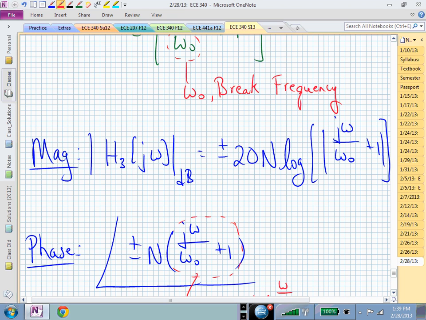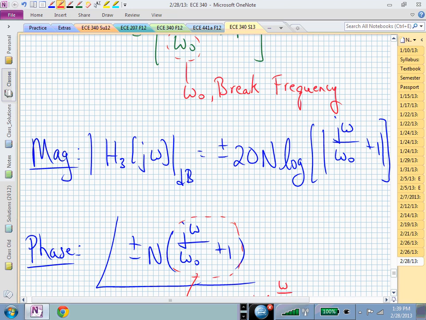Really small, isn't it? So we're going to just call it 0. Does everybody see that? And what's the magnitude? 1 plus J 0.1. Oh, we're just going to neglect the 0.1, and now we have log of 1. What's log of 1? 0. So we're saying a decade before the break, our magnitude is 0 dB, and our angle is 0 degrees.